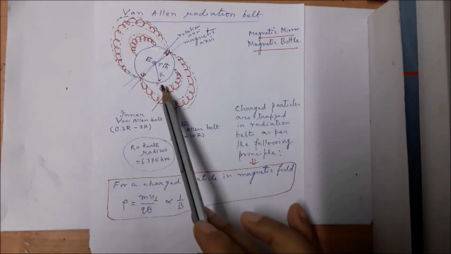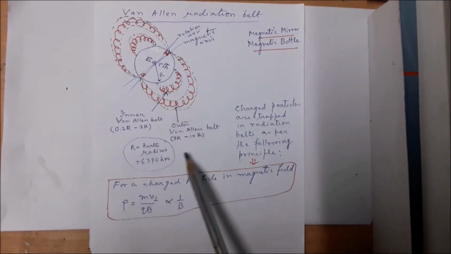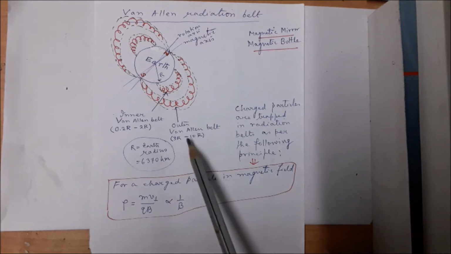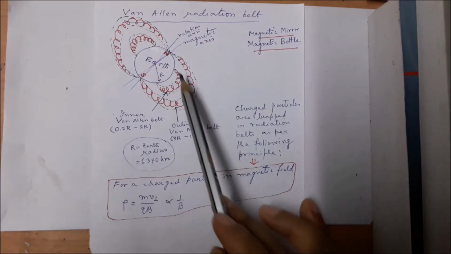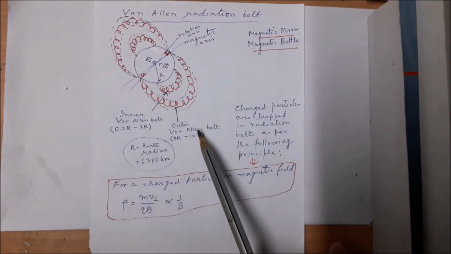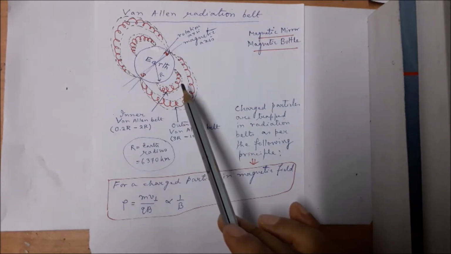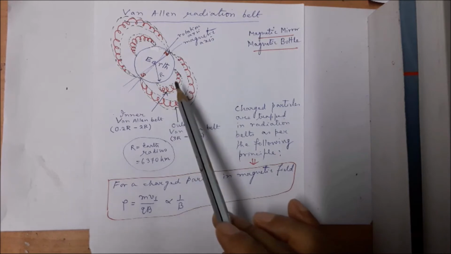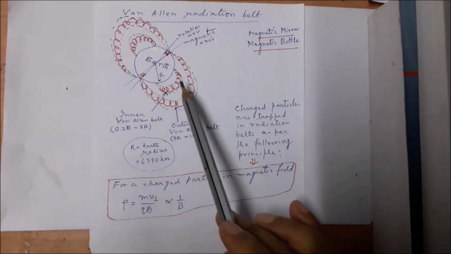Again, if one moves up further to say 3 times to 10 times the radius of the Earth, then again one finds trapped charged particles, and this is called the outer Van Allen belt. Particles from solar wind are captured and held around. And how is this trapping possible?